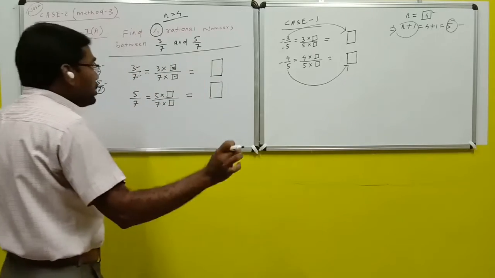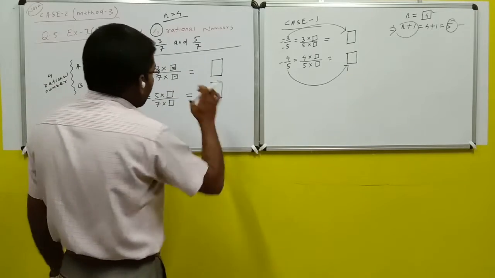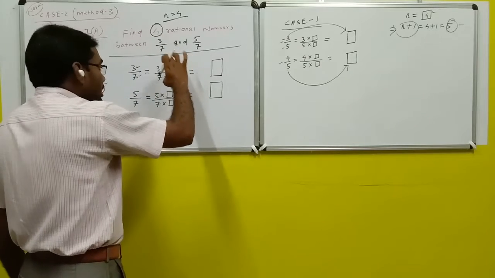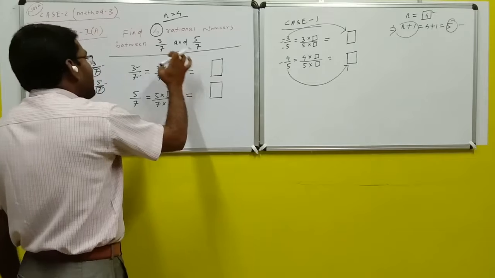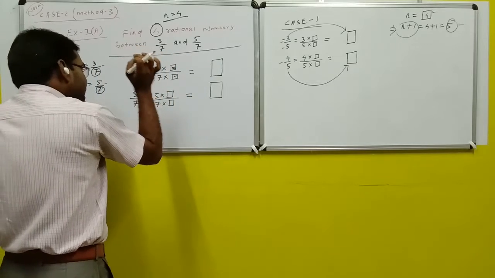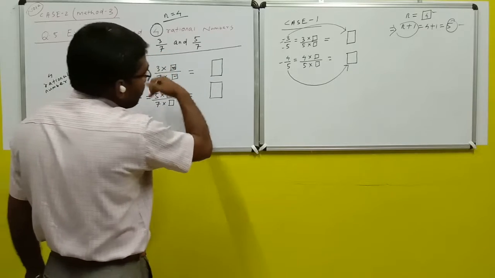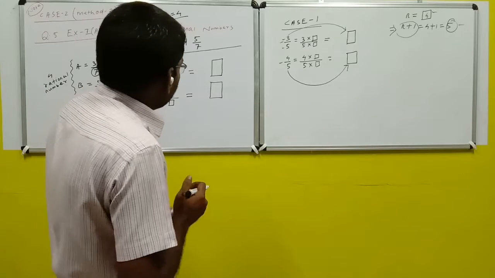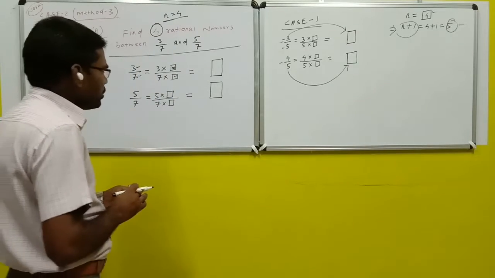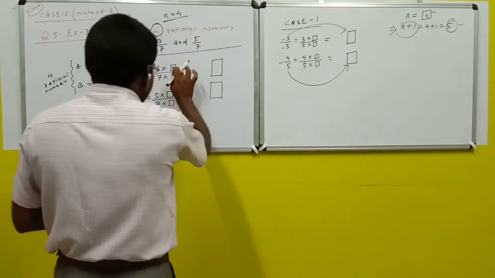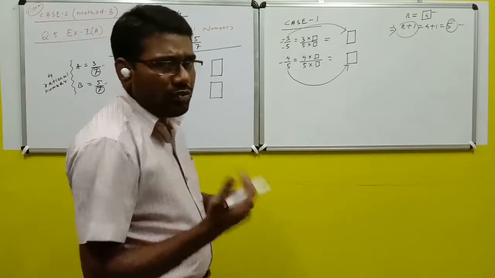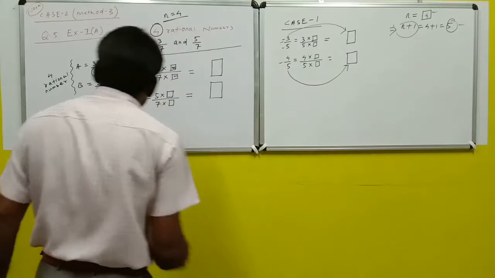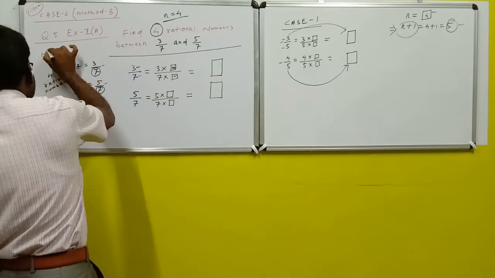So it is very important to decide which suitable number will be multiplied here and also here in order to change them into their equivalent rational numbers. So your duty is to find this suitable number. It means how can you find this suitable number? First note it.